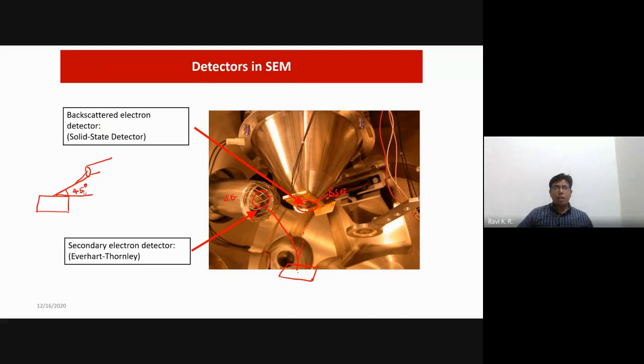Why this kind of change are we getting? Any idea? You can see the backscatter electron detectors are somewhere here. So how do we detect this secondary electron?